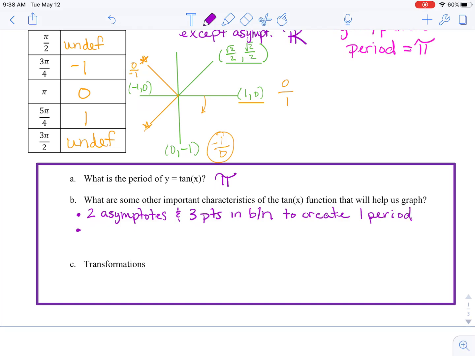Next, I would say one key point is the midpoint between the asymptotes.